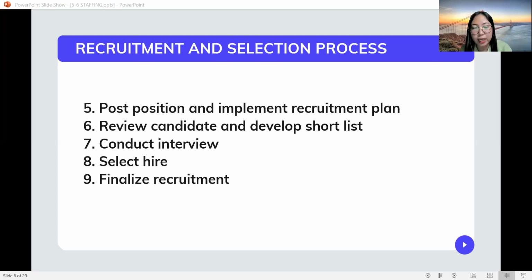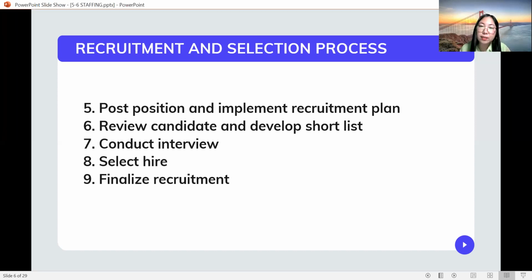And kung kayo naman yung natanggap, you will be receiving an email, or you will be notified that you will be starting by this day. This would be your orientation day, and so on and so forth. So that would be the recruitment and selection process of staffing, the staffing tayo of employees.